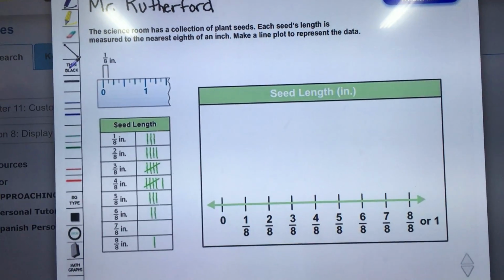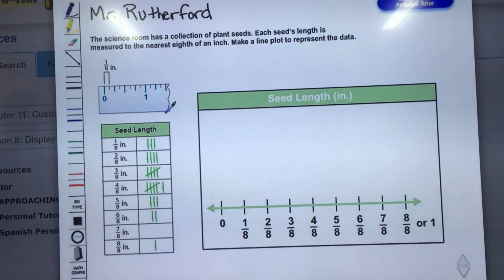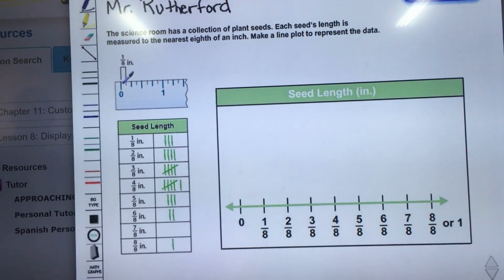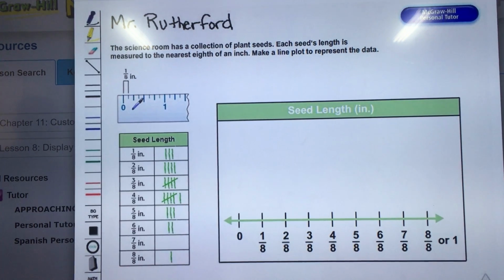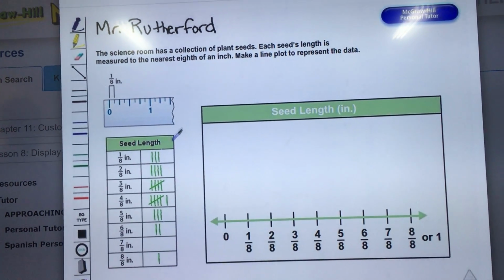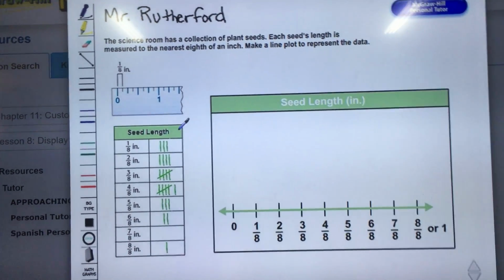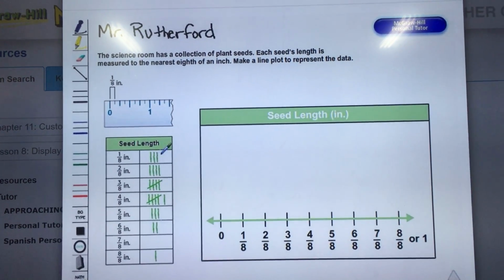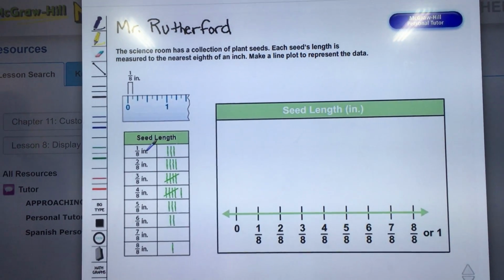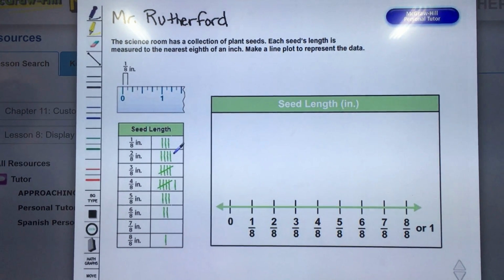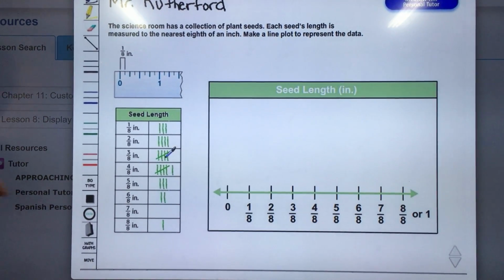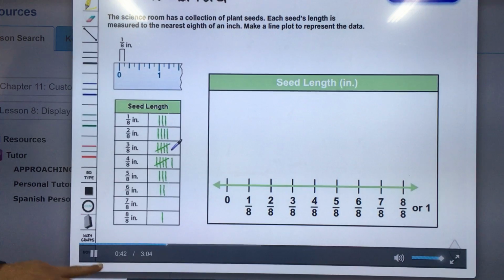So notice here we have the first part of a ruler, which gives us an idea of how large 1/8 of an inch is. Then you'll notice that in this particular science room, we have 3 seeds that were recorded to be 1/8 of an inch, 4 seeds were recorded to be 2/8 of an inch, 5 for 3/8 of an inch.